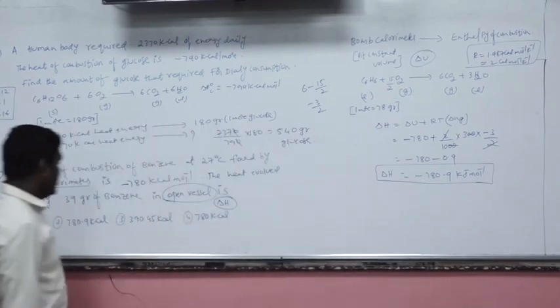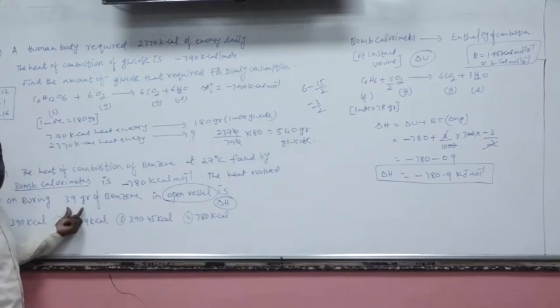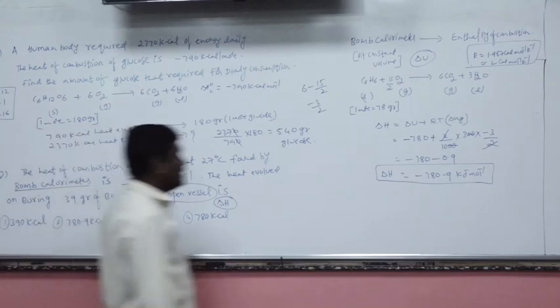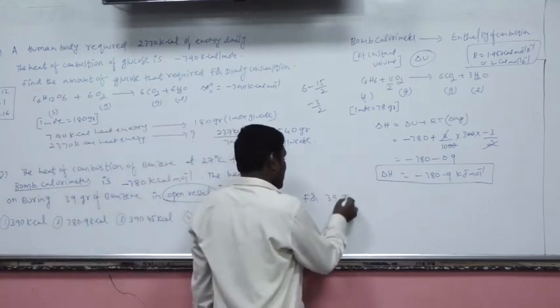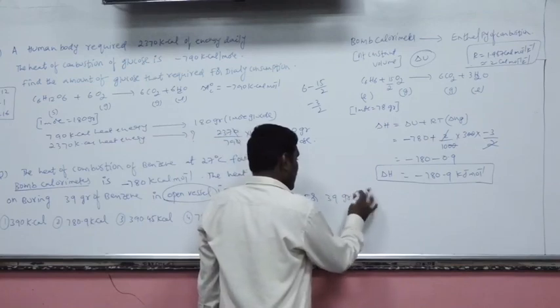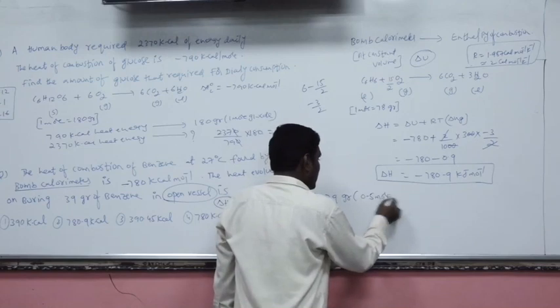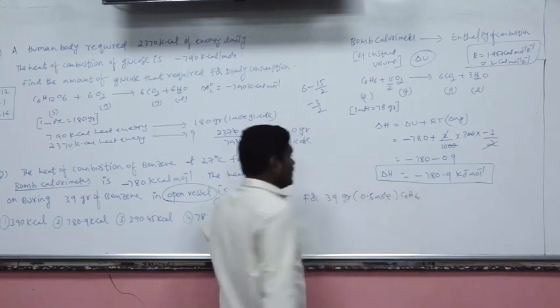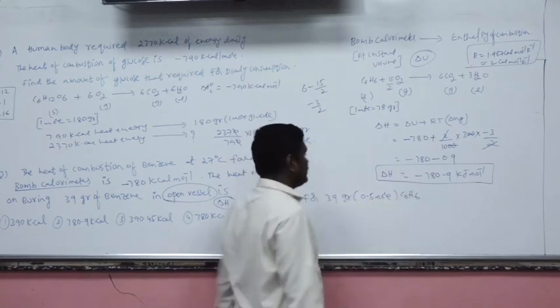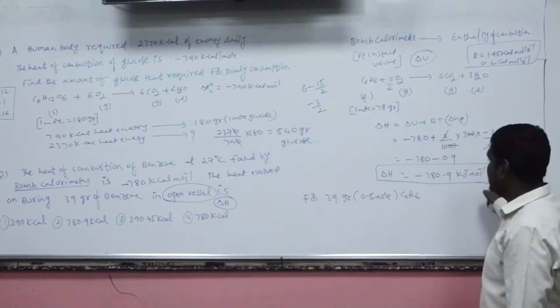But the question is corresponding to 39 grams of benzene, not 1 mole of benzene, not 78 grams of benzene. So for 39 grams, or half a mole, that is 0.5 moles of benzene, this value gets halved, because this is corresponding to 1 mole.